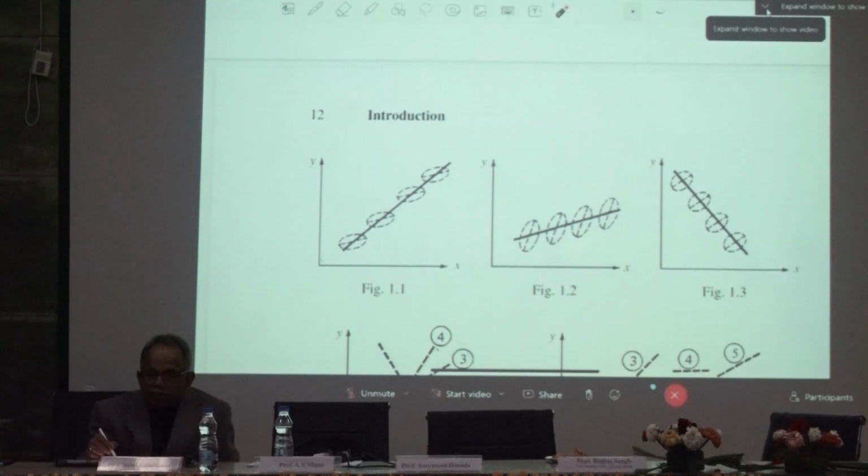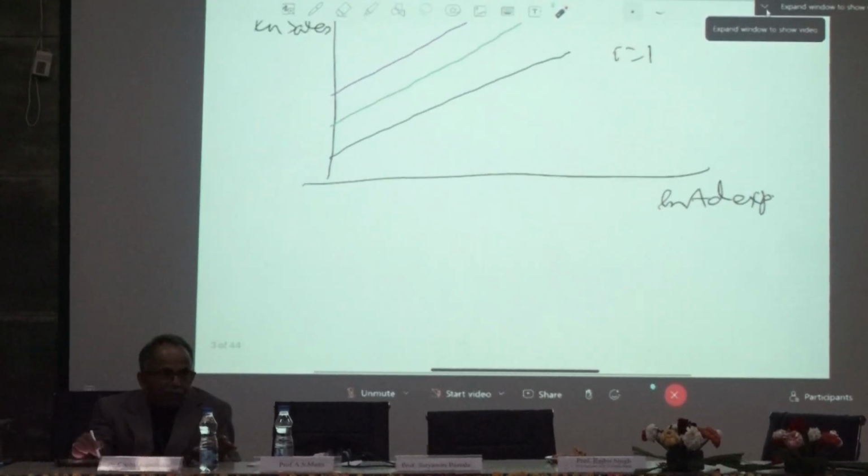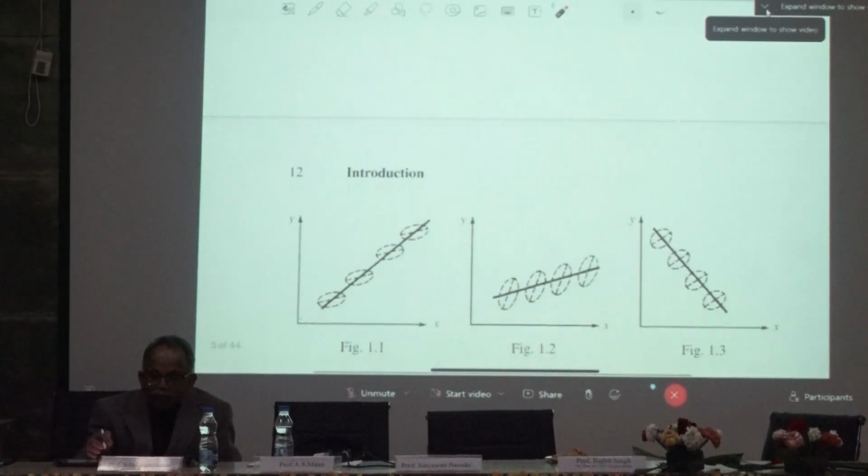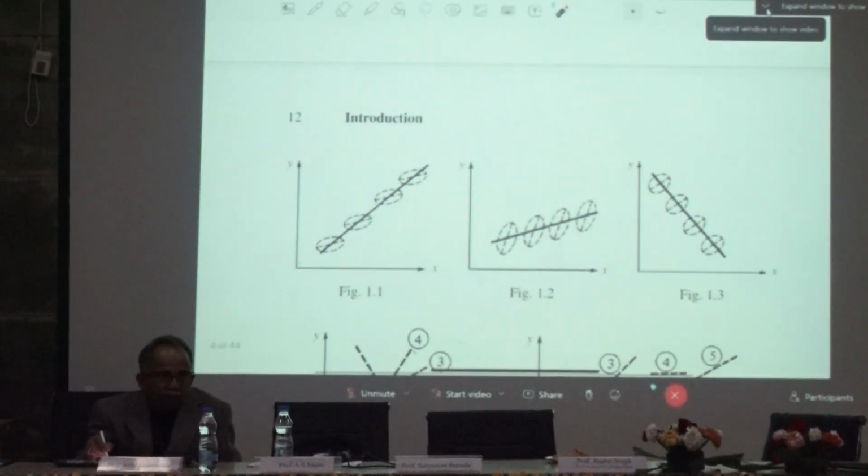So you have dots in here like this. And then you can connect the dots and get a straight line like this. So this is for individual 1 or company 1. And then similarly, you go to company 2 and company 3 and company 4.